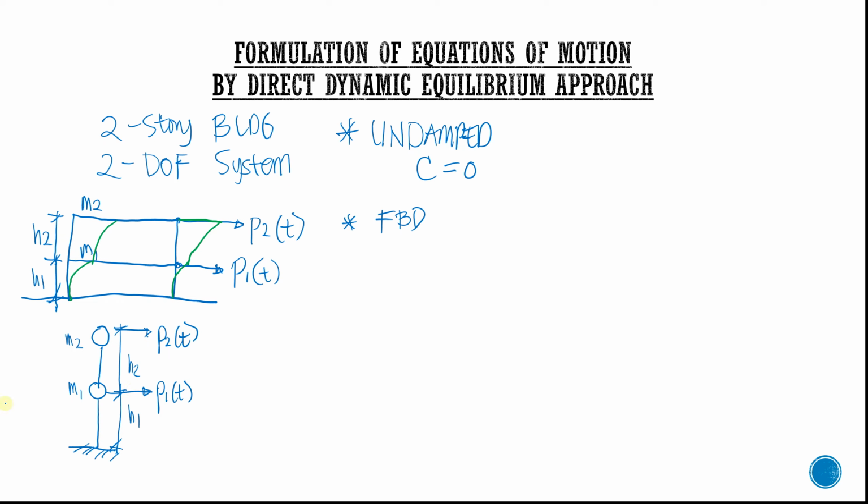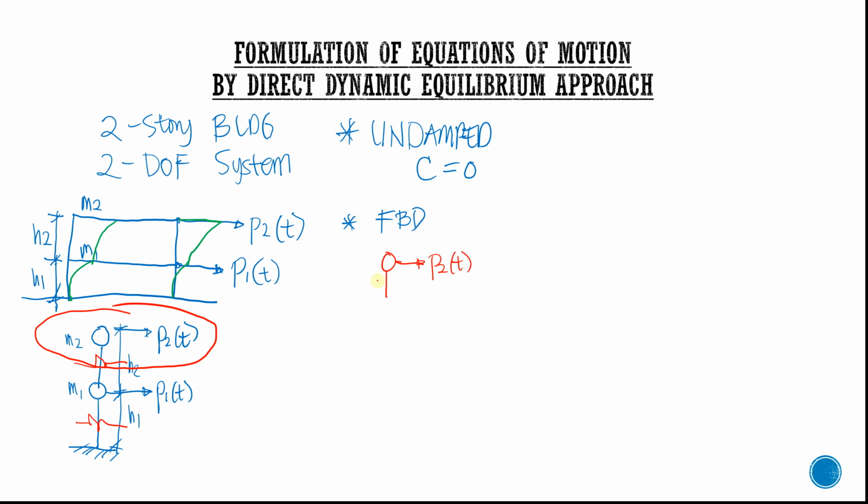For this one, we're going to cut here and also there. So let's have first the FBD for this one. For that part, it will look like this. There is a dynamic force, P2 of t.